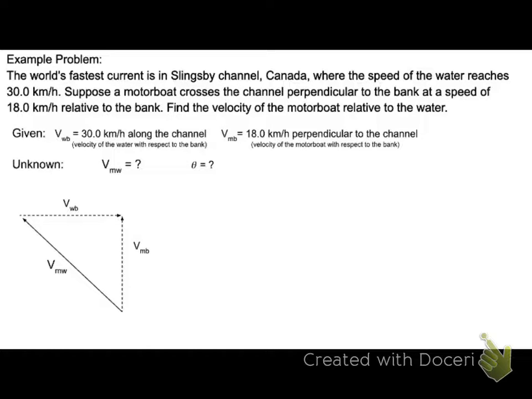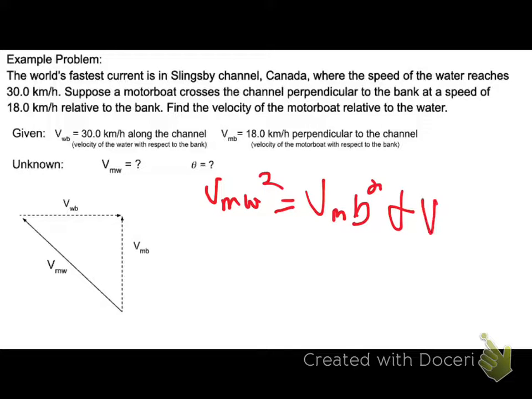And the nice thing about this is that it allows us to solve for this resultant velocity over here using the tools of trigonometry that we have already established. So we can solve for this by saying the velocity of the motorboat compared to the water squared is equal to the velocity of the motorboat with respect to the bank squared plus the velocity of the water compared to the bank squared.